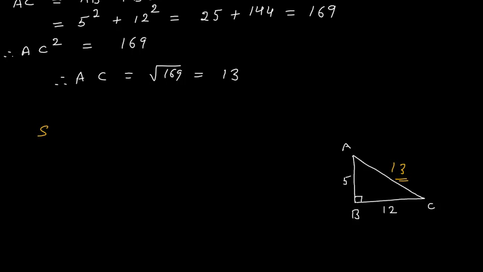So value of sin C is equals to, sin C is opposite side upon hypotenuse, that is AB upon AC.